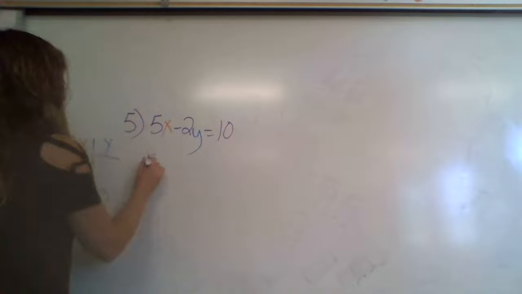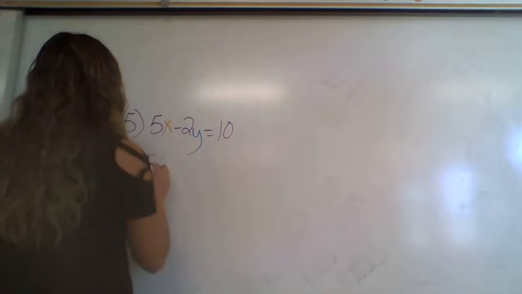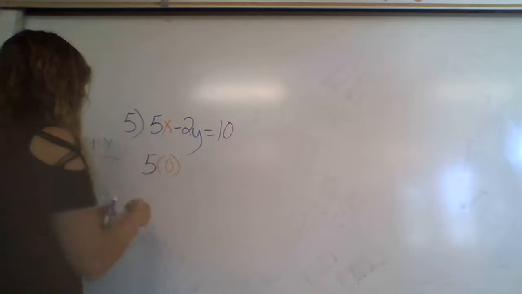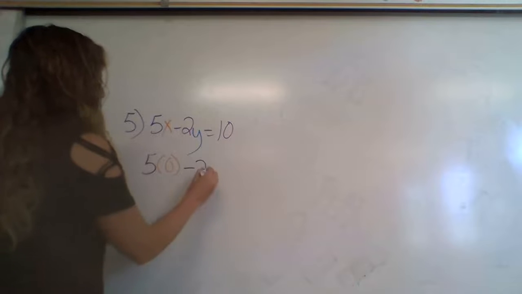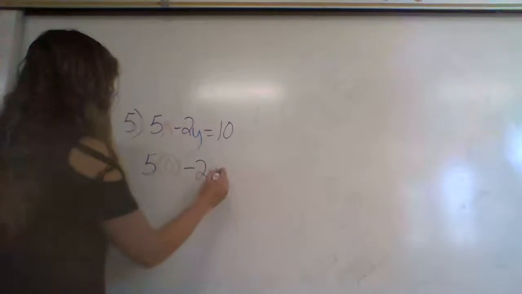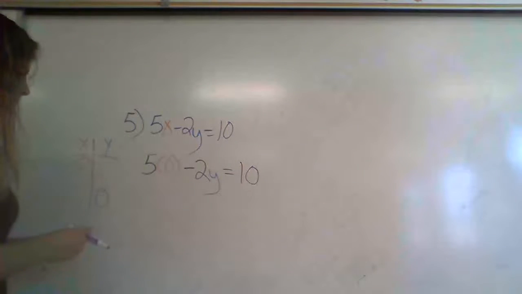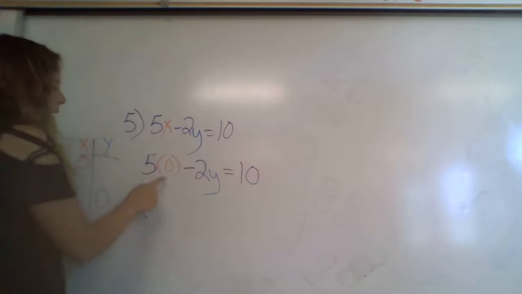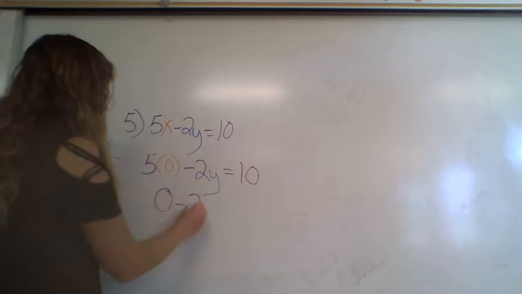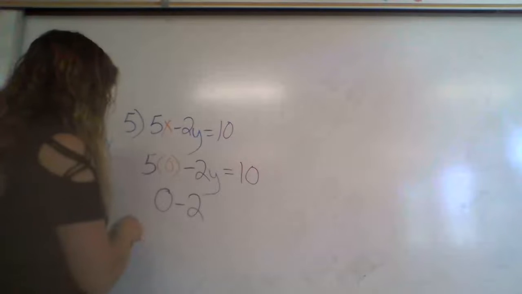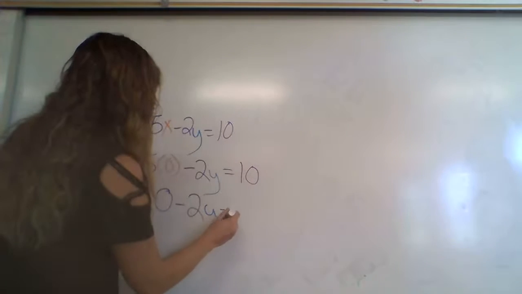So you have 5, substitute 0 in for x. 5x minus 2y equals 10. 5 times 0 is 0. So you have 0 minus 2y equals 10.